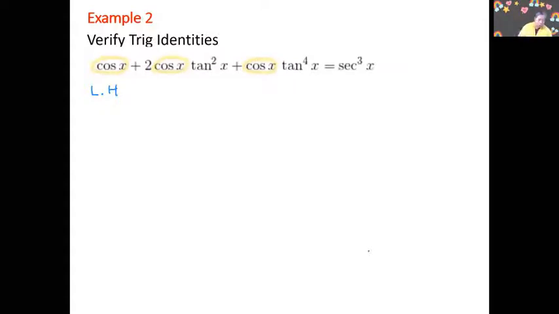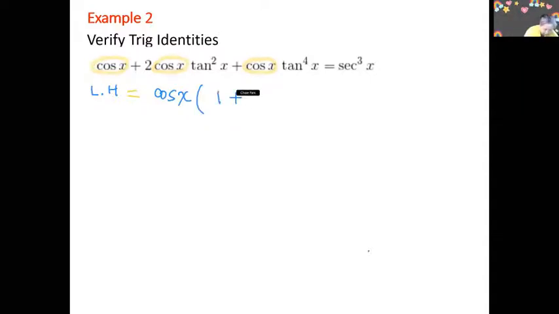From earlier sections, we did this practice a lot, so we can factor this common factor first. So for the left-hand side, the first step is factoring cosine x out.